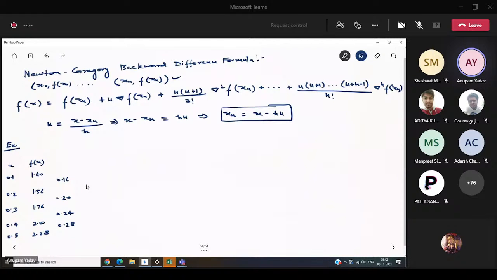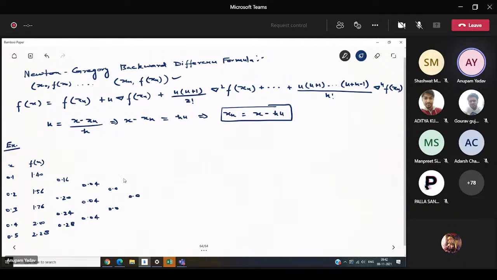And then the next differences are going to be 0.04, 0.04, 0.04, and then 0.0, 0.0, and 0.0. So this is the difference table.